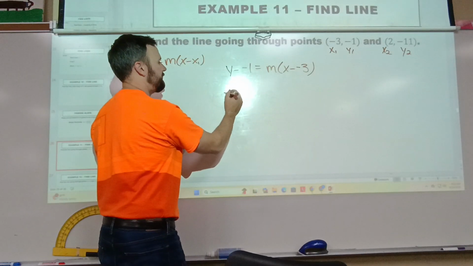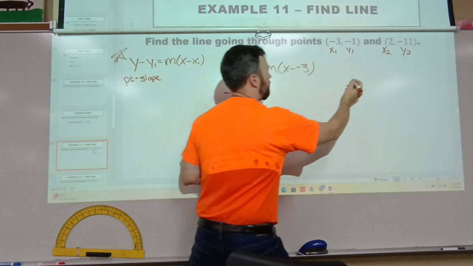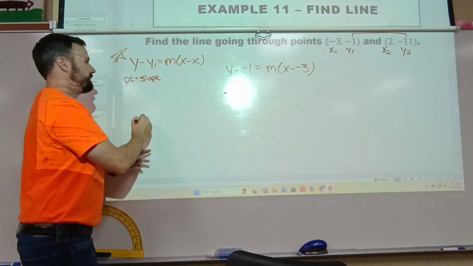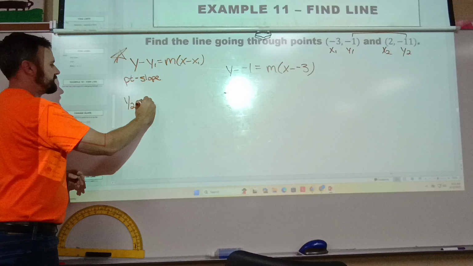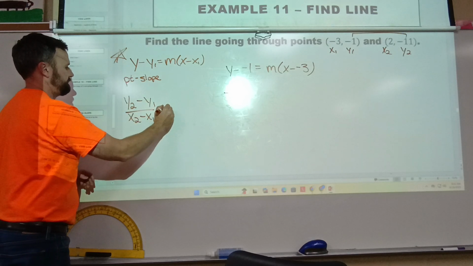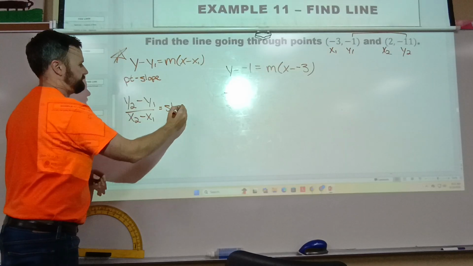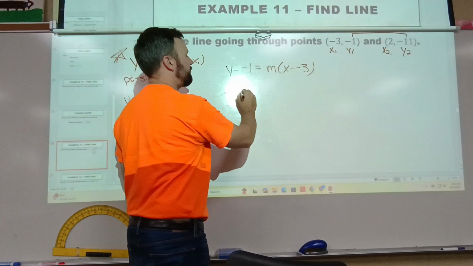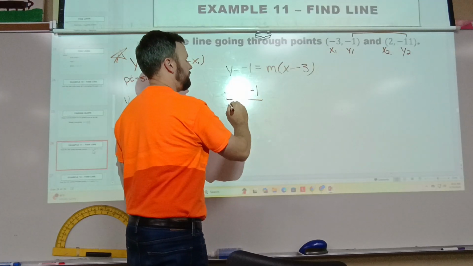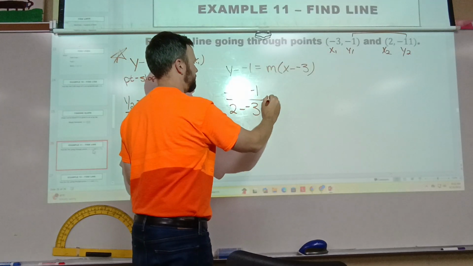So I'm going to do my y minus y, right? My y2. I'm going to just jot this down for myself so I don't forget it. I'm going to do my negative 11 minus negative 1, over 2 minus negative 3.